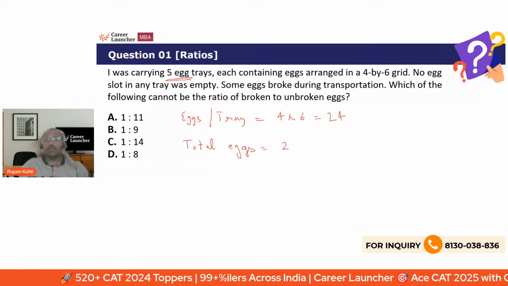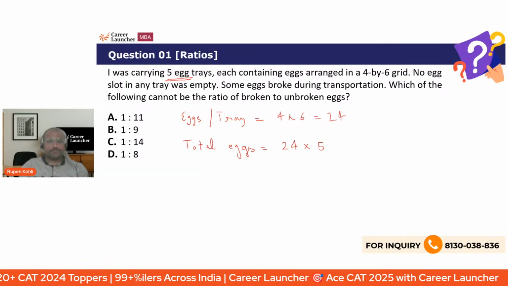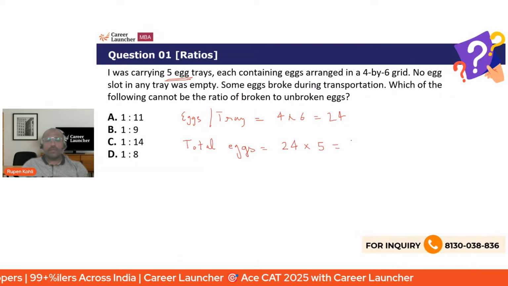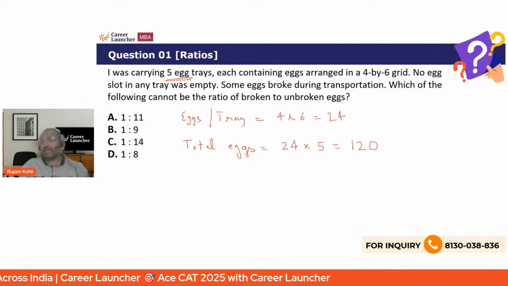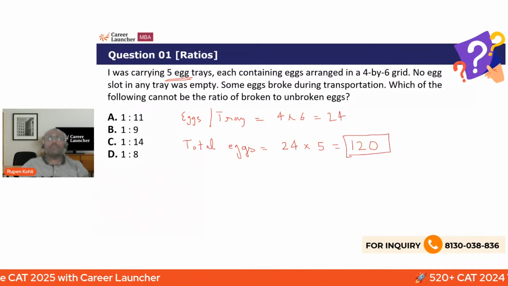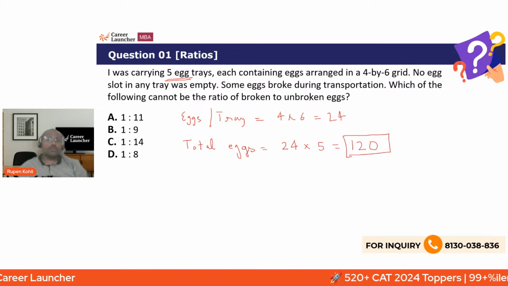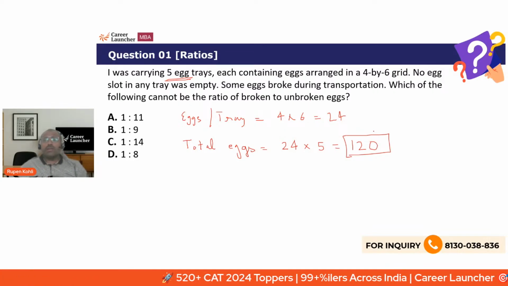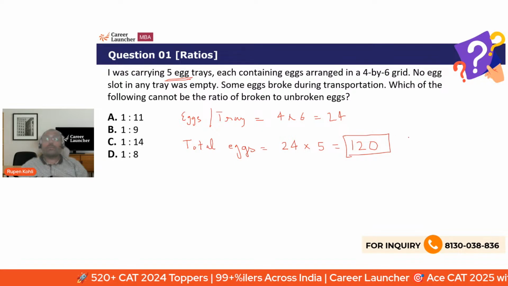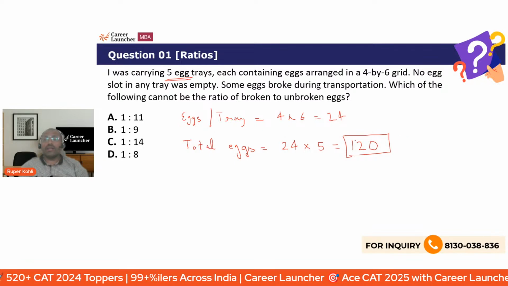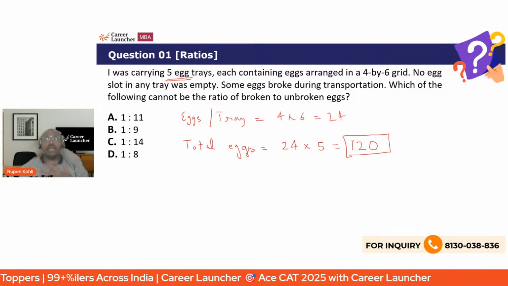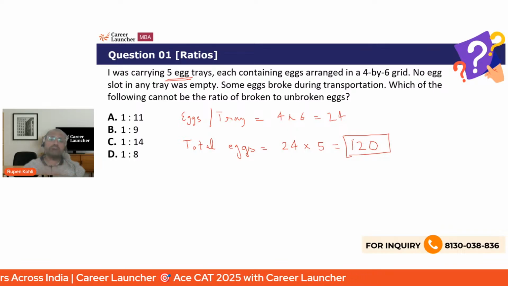Total eggs, 24 times 5, 5 trays of 24 eggs each, 120 total eggs. Some of them broke. Which of the following cannot be the ratio of broken to unbroken? So it's a very simple question on ratios. You need to find the ratio from the options such that 120 cannot be divided in that proportion.